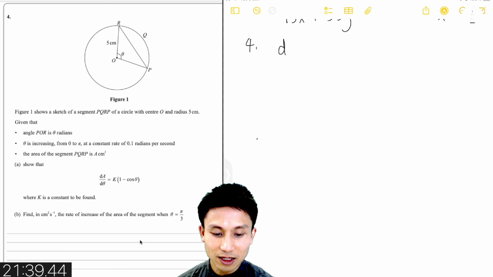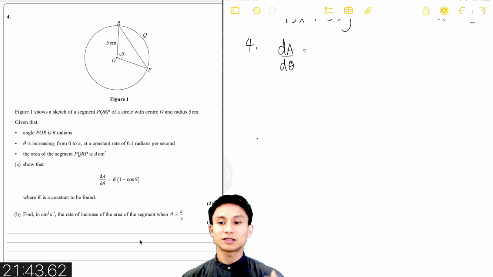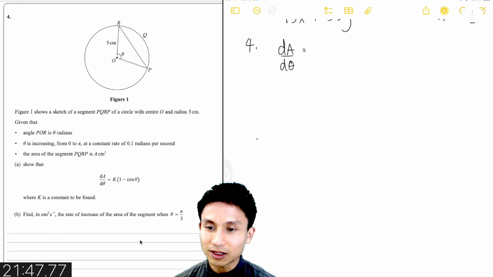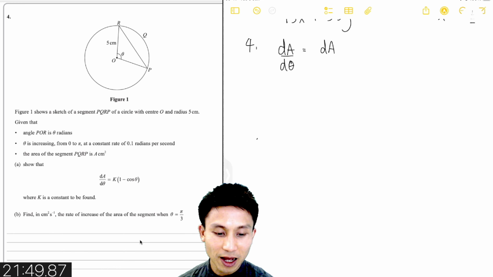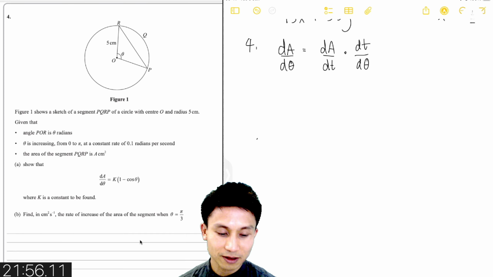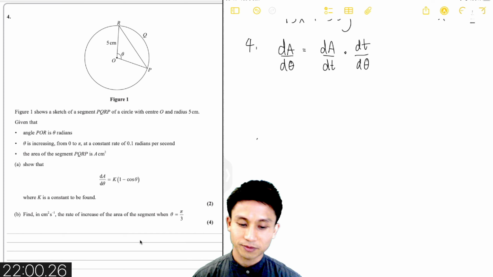So you write here dA by d theta. Construct the chain rule equation, linking all the variables together. The easiest way is to just do dA by the other parameter, which is time, times dt by d theta. That is the easiest way to come up with a chain rule equation.